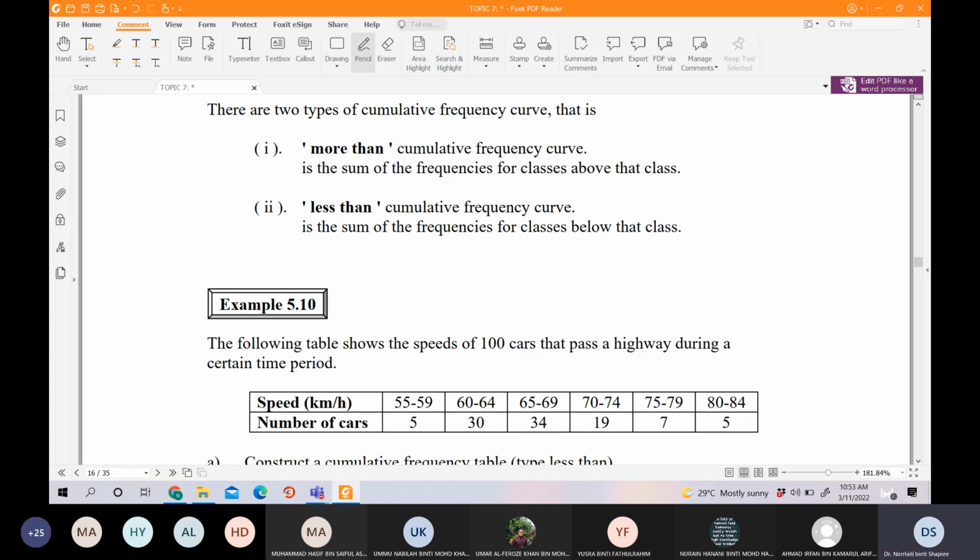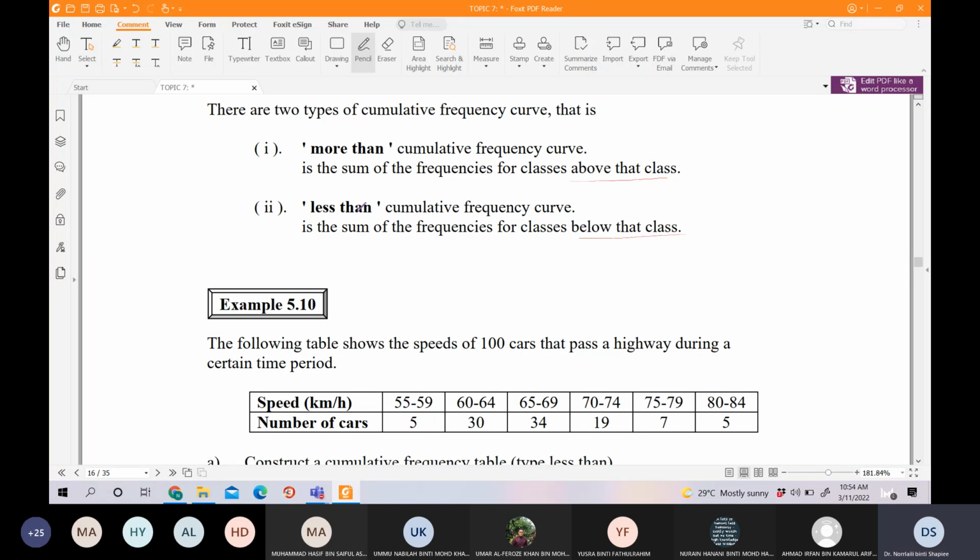Kalau kita cakap dua types of cumulative frequency ni, apa yang you faham? Bezanya adalah above that class, below that class. So this is the difference between the more than and less than cumulative frequency.